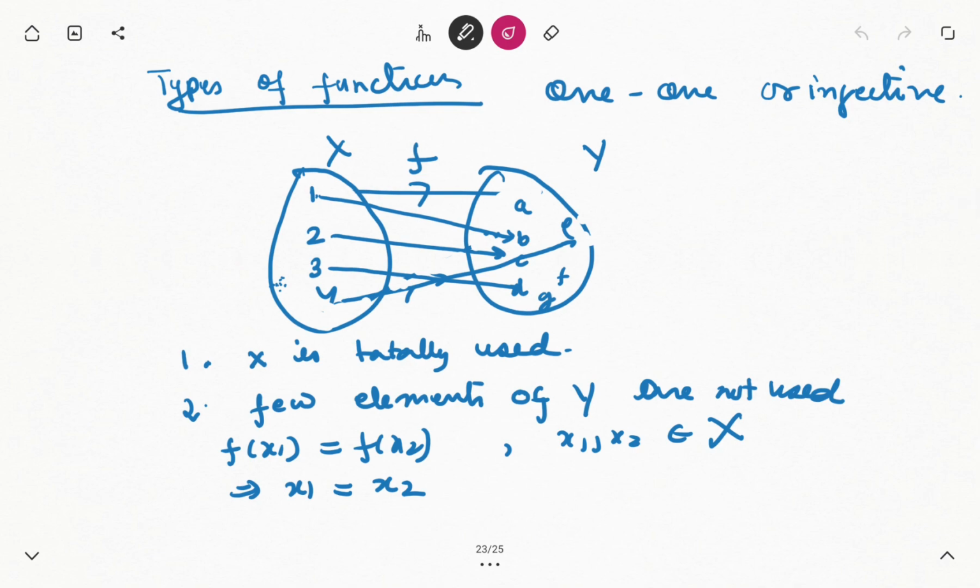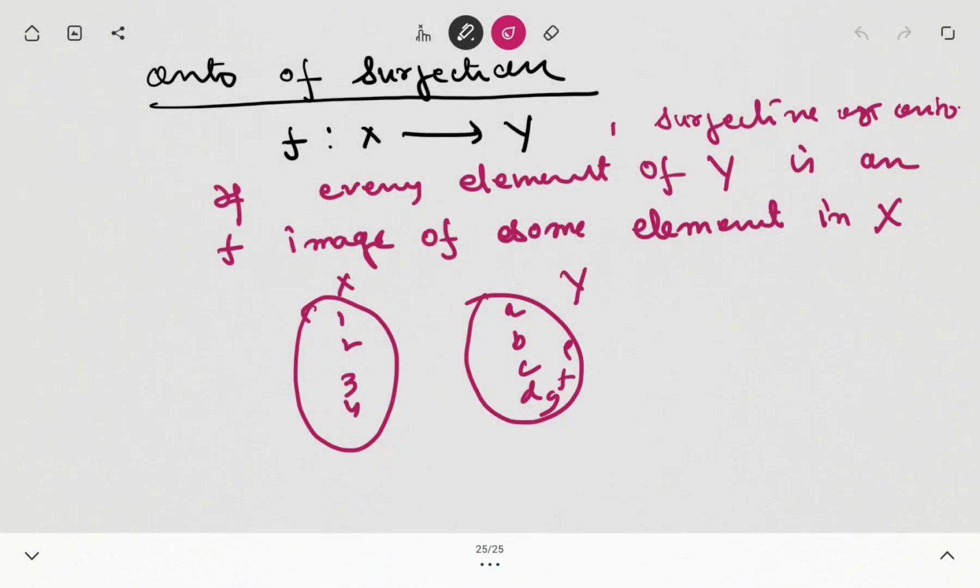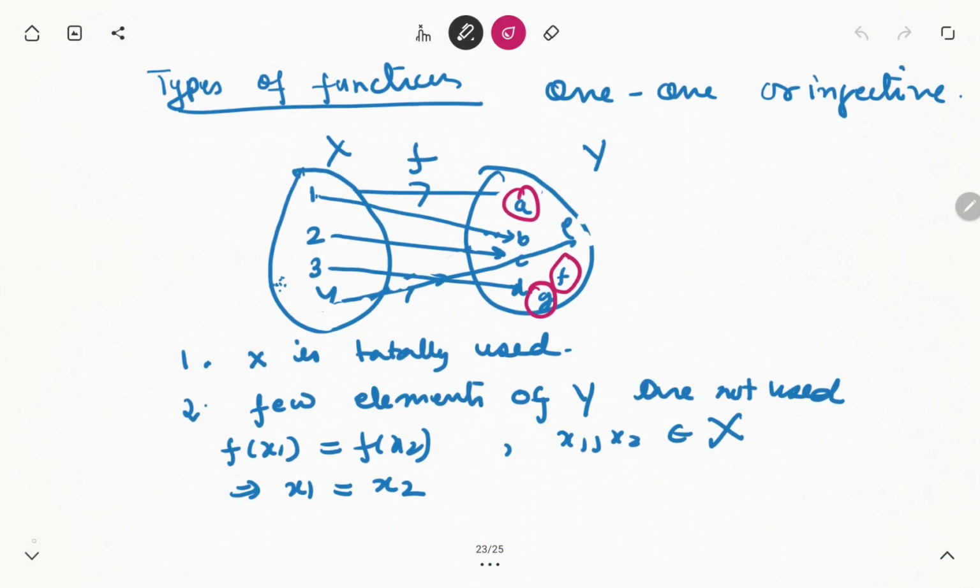Because a, f, and g, these are the elements which are not the f image of any element in X. So I have the drawing that 1 is related to b, 2 was related to c, and 3 to D and 4 to E.